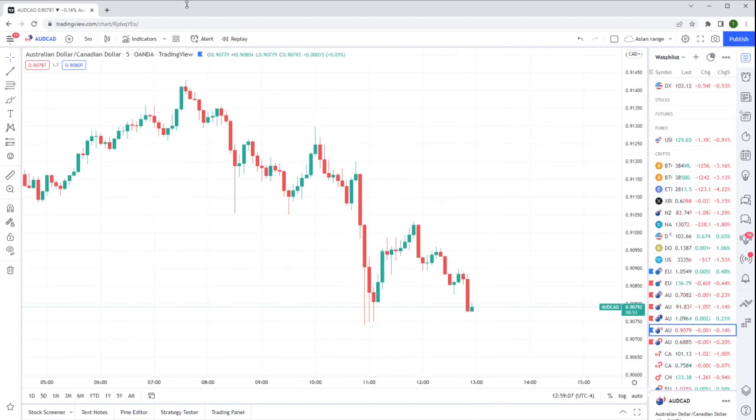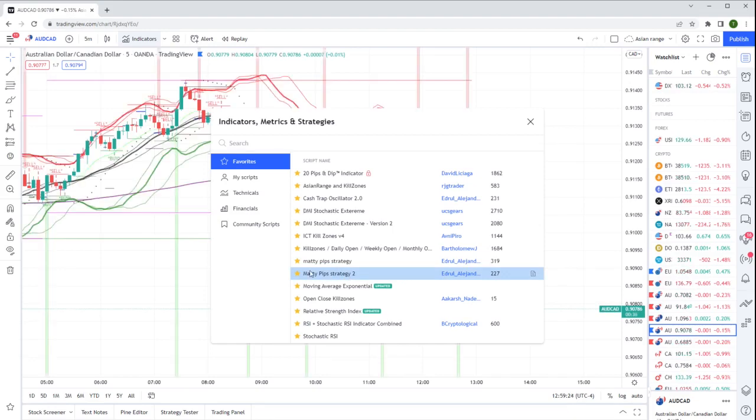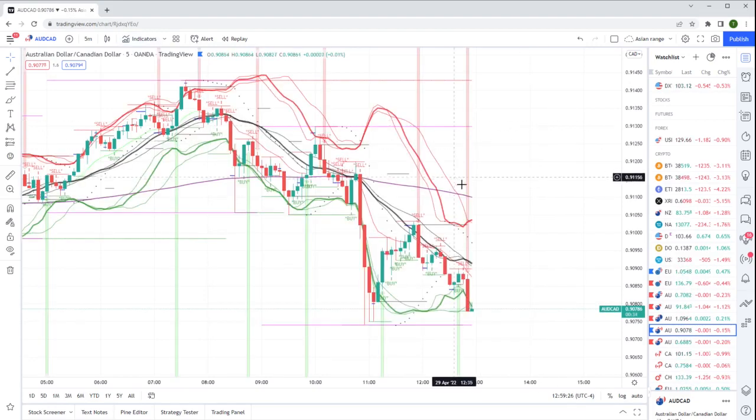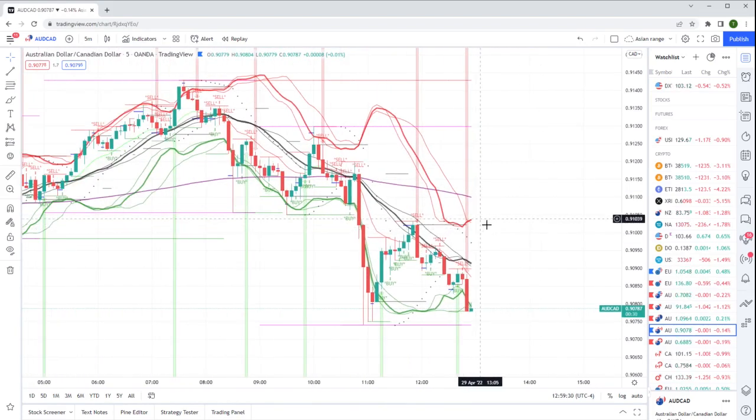So first thing you're going to do is go into indicators. I don't have to search for it because I already have it, but you want to look for Matty Pips Strategy 2. So you add that to your chart, and everything that we're doing can be done on the free version of TradingView because it's only 3 indicators that you're using.